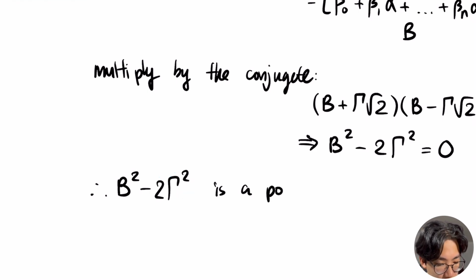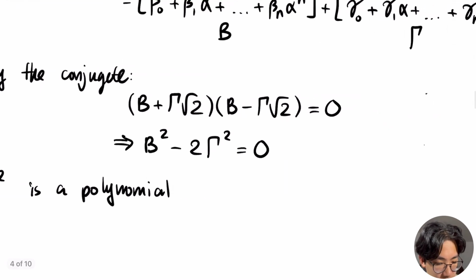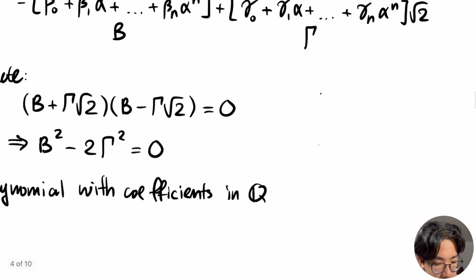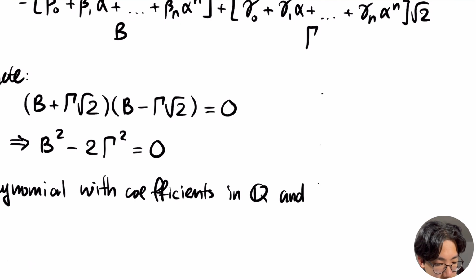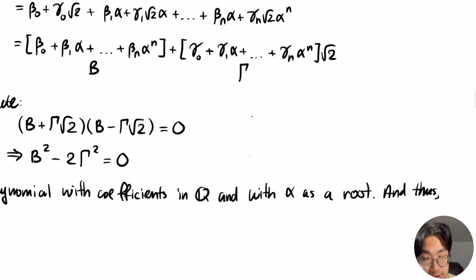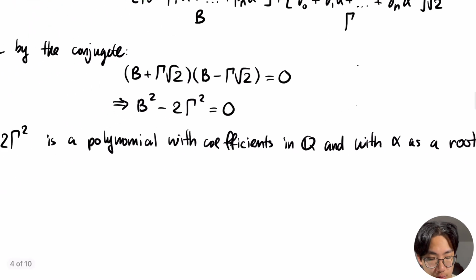It is a polynomial with rational coefficients, so coefficients in Q, and with alpha as a root, and thus this just allows us to conclude that K is indeed an algebraic extension.